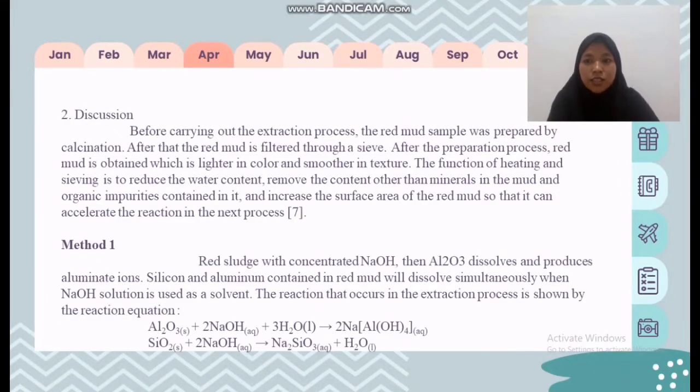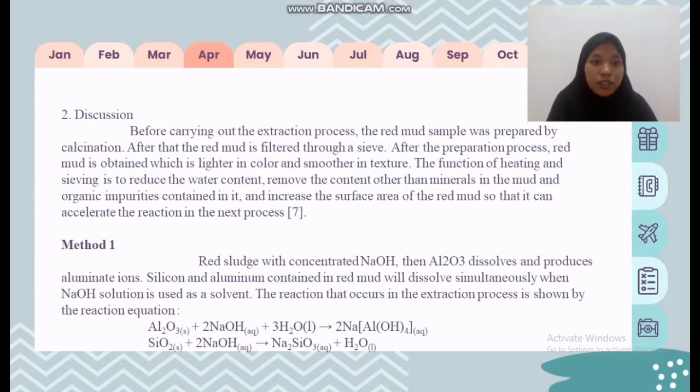The next is discussion. Before carrying out the extraction process, the red mud sample was prepared by calcination. After that the red mud is filtered through a sieve. After the preparation process, red mud is obtained which is lighter in color and smoother in texture.